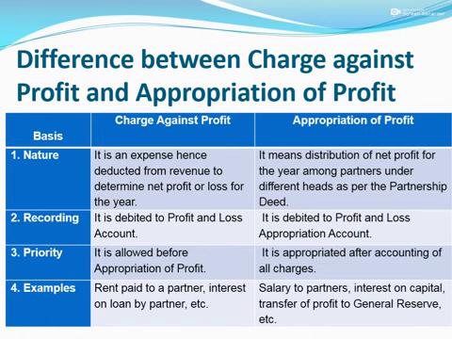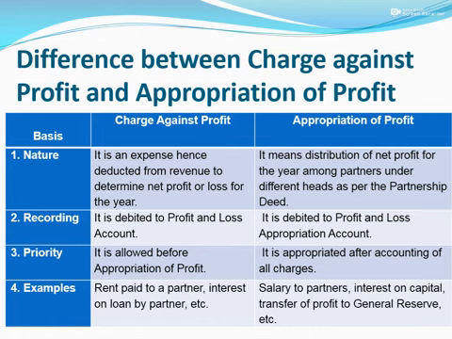Next, appropriation of profit means distribution of net profit for the year among partners under different heads. It means appropriation of profit is an adjustment after the net profit. It is the distribution of net profit to the partners under the different headings decided in the partnership deed.